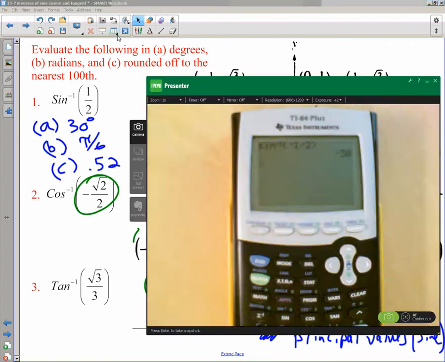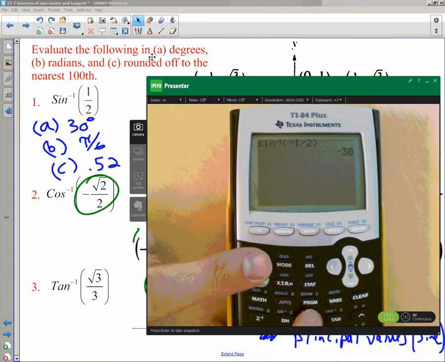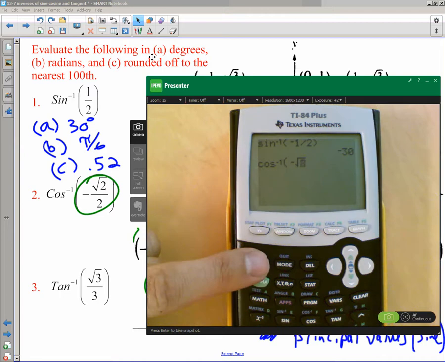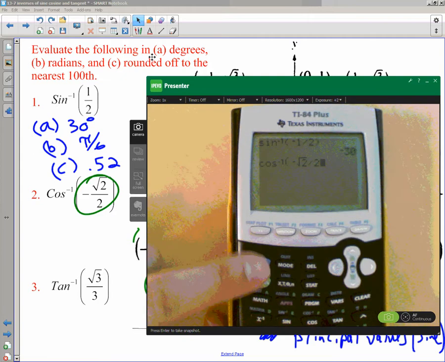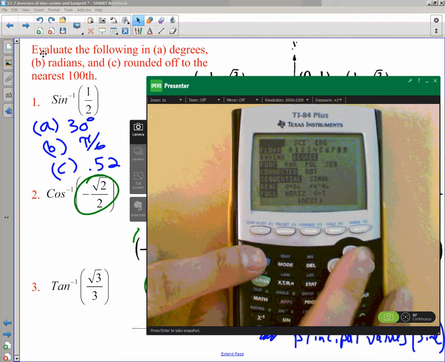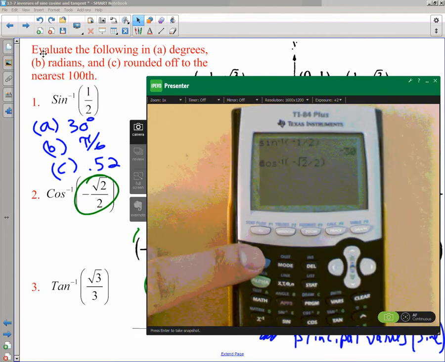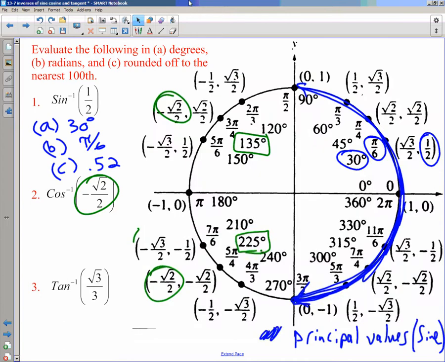All right. Cosine inverse of negative root 2 over 2. Okay. I don't remember what mode I'm in, so I better figure it out. Degrees is what I want. Part A. Boom. 135. So it's 135. It's the principal value. The principal values for cosine and tangent, for that matter, might as well talk about both of them.